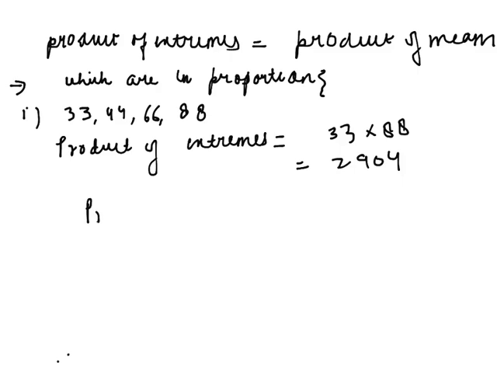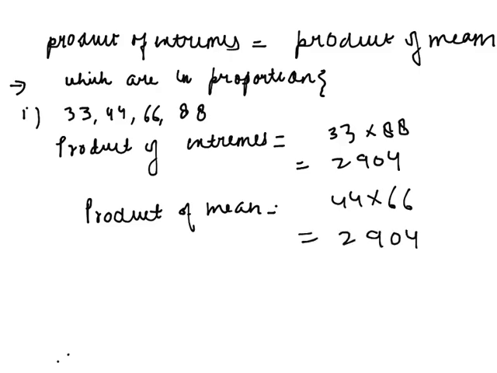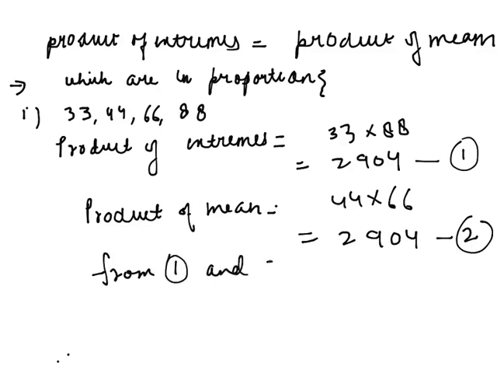And we will find the product of means, that is the second and third terms, 44 and 66. 44 times 66 is equal to 2904. Let this be equation 1 and this equation 2. So from 1 and 2 we can say the product of means is equal to the product of extremes, that is, they are in proportion.